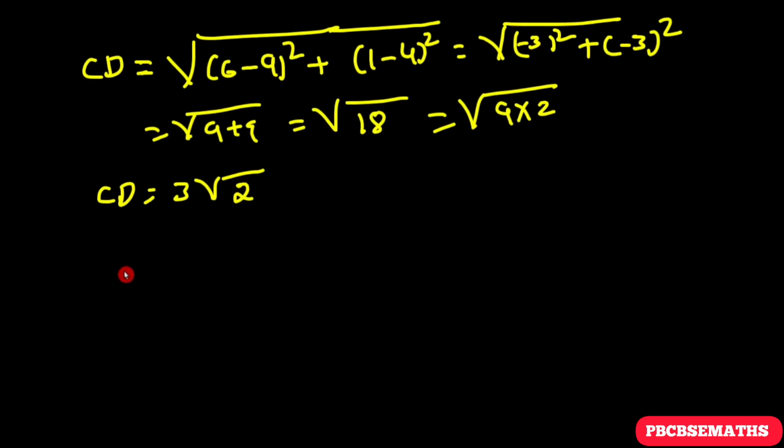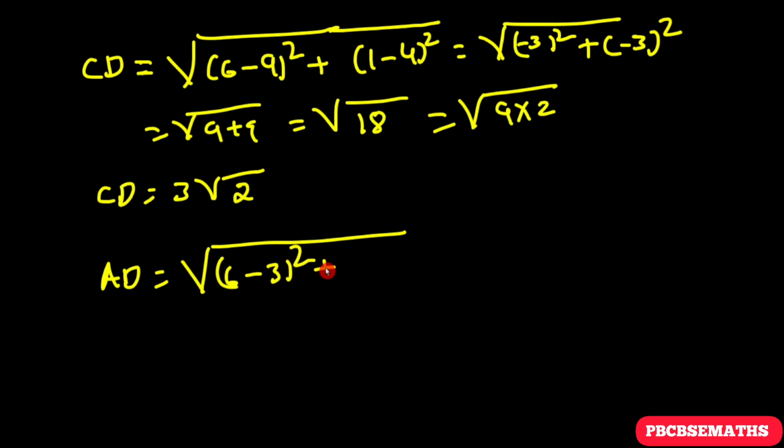At last, let's find the length of AD. For this, let's consider the coordinates of A as x1, y1 and D as x2, y2. Then we have (6 minus 3) whole square plus (1 minus 4) whole square.